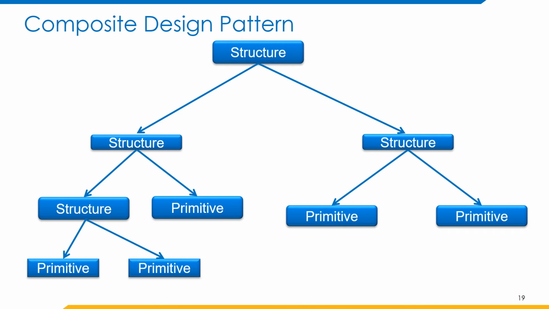Here the leaf must always be a primitive, it should not be a structure, because a structure is always created with the help of some primitive data.